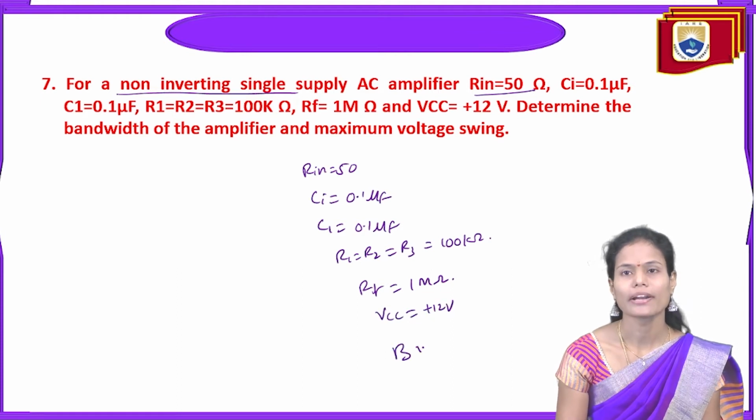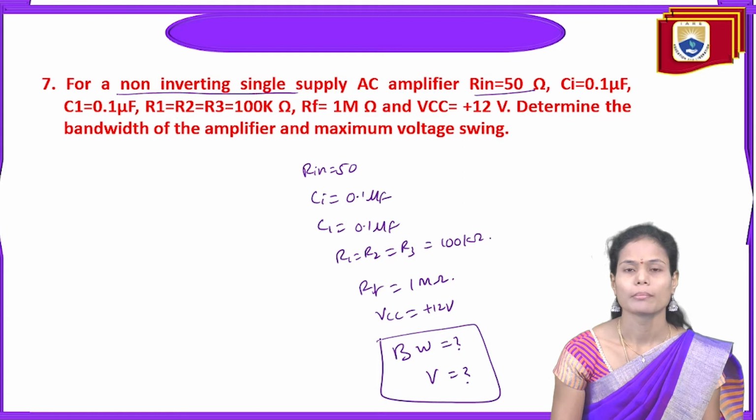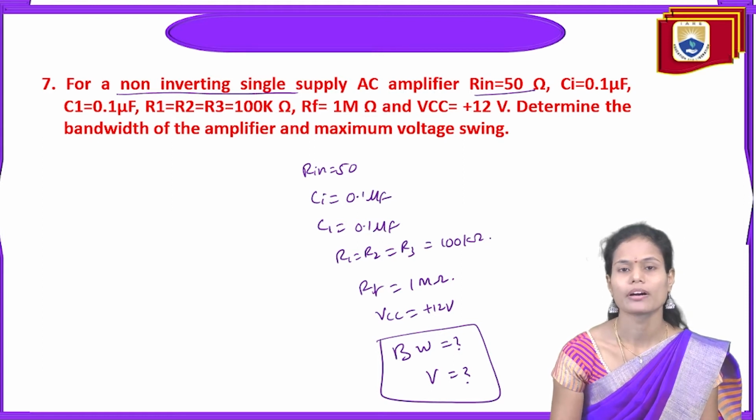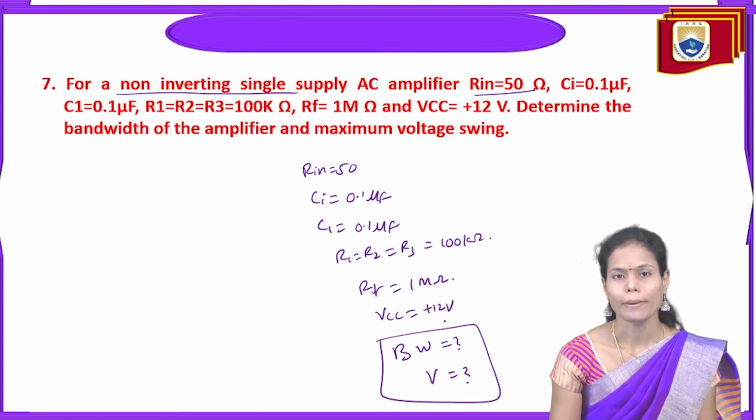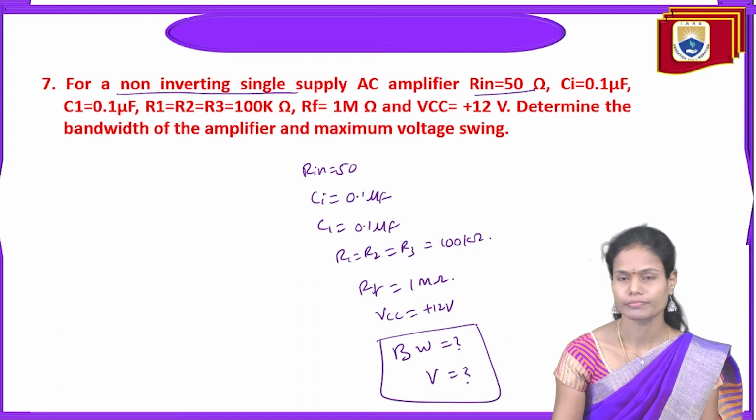Determine the bandwidth as well as the voltage swing of the amplifier. We have already discussed this problem in the problems on op-amp session. We just have the formulas, and substitute the given values in them.